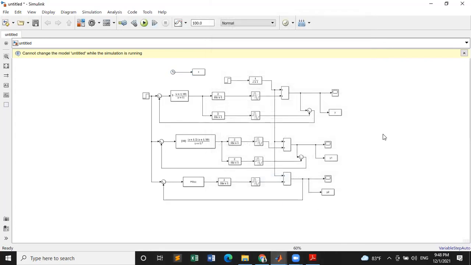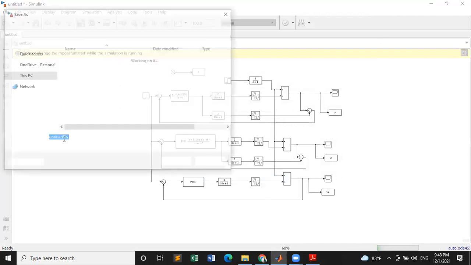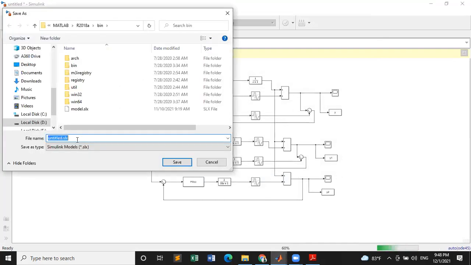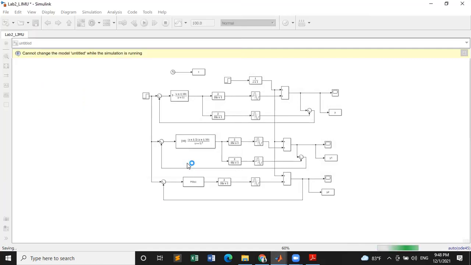Right. So I think the system is complete. Now we will save this as lab 2. So now we have the Simulink model. Now we can plot all these graphs and see, right?